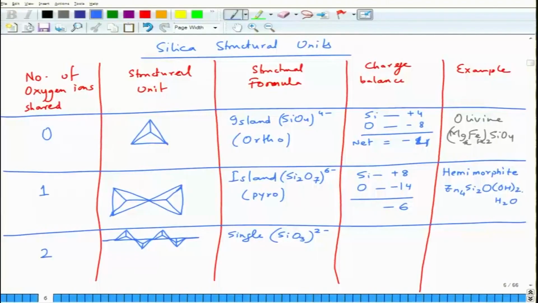So, just shared along these 2 sides. So, this is SiO3 single layer, and you can have this kind of structure in which it will make a hexagonal sheet, just a single sheet structure. Okay. And this is basically called a chain ring molecule, which is SiO3 2 minus, again only 2-fold sharing.